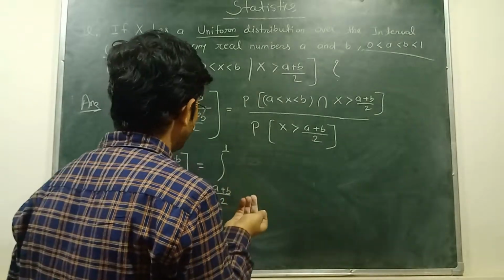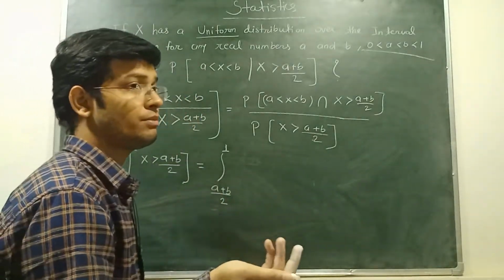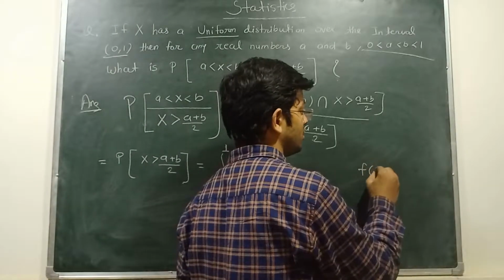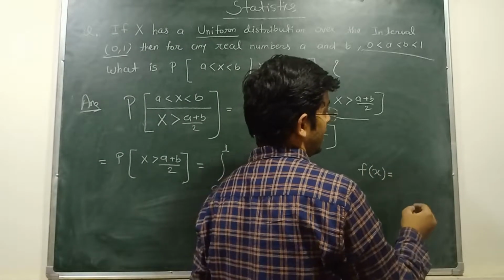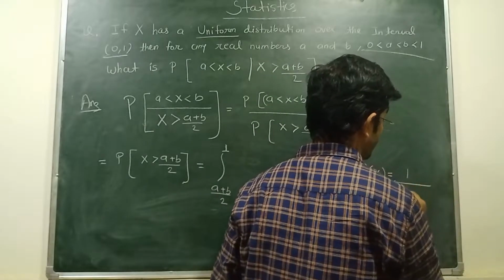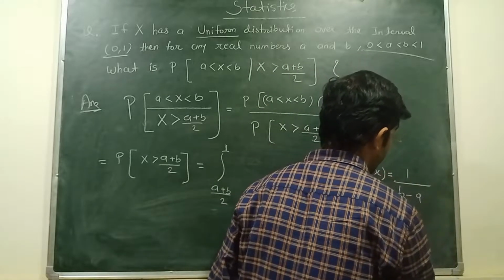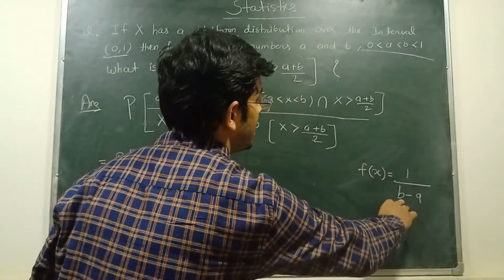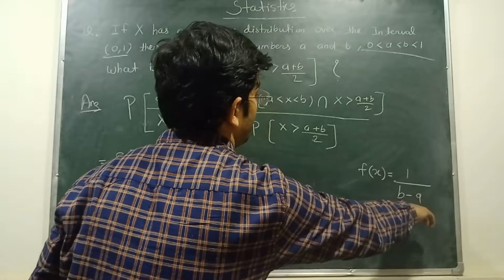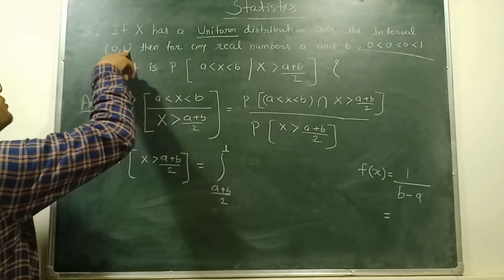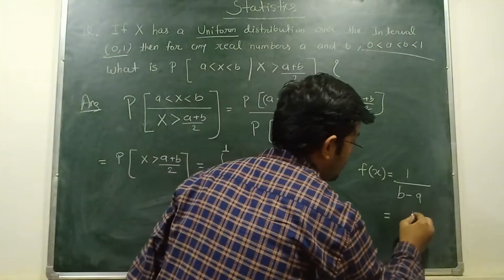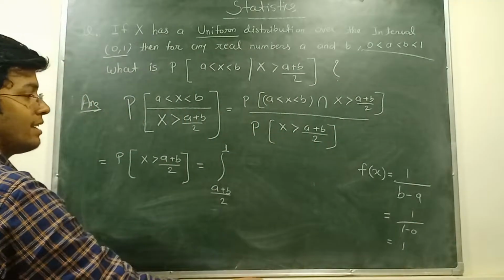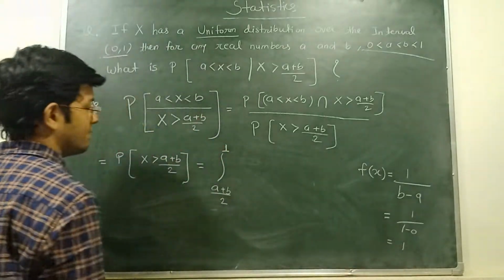But we do not have any function yet. So how can you find the function? The function in uniform distribution is 1 upon (b minus a), where b is the upper limit and a is the lower limit. The upper limit is 1 and the lower limit is 0, so 1 minus 0 is 1. So f(x) is equal to 1.